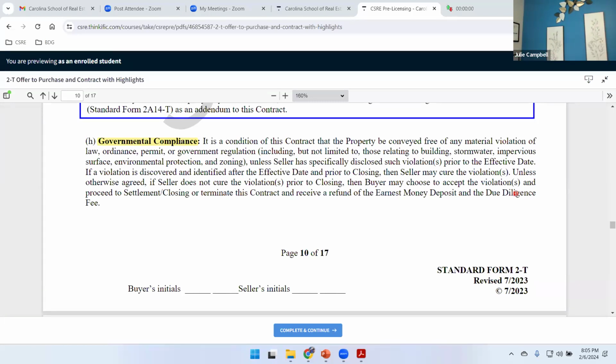But what it's saying in this case, it's better for the seller to disclose because that doesn't give a buyer an out. But if they don't disclose and the buyer finds it, here we are. I think this was the paragraph that moved us from 16 pages to 17 in this last revision.